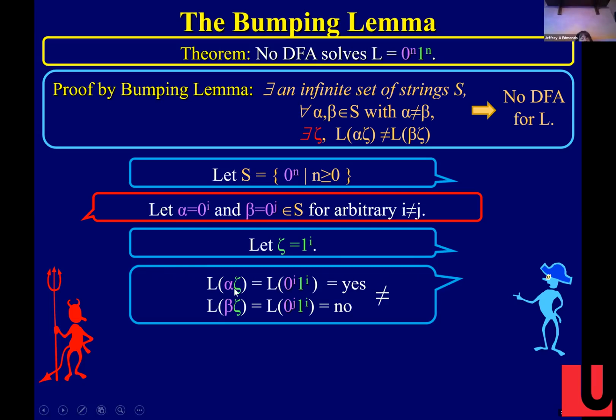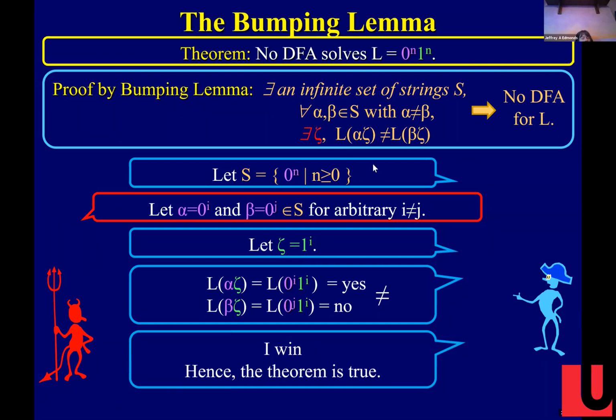So I'm going to let my zeta be i ones, and that gives me that alpha zeta is i zeros followed by i ones, and that's a yes in the language. But beta zeta is j zeros followed by i ones, and i and j are different, so that's a no. Does that make sense? And then I win the game. That's how I prove that this is true.